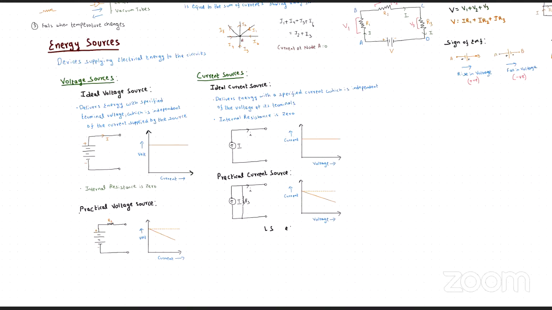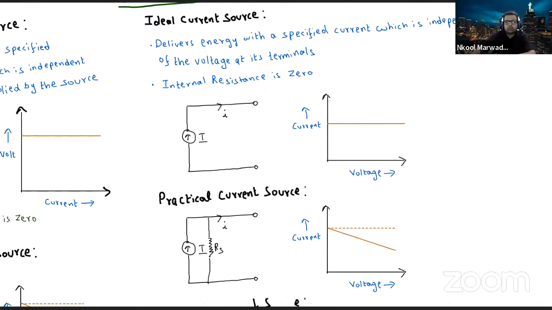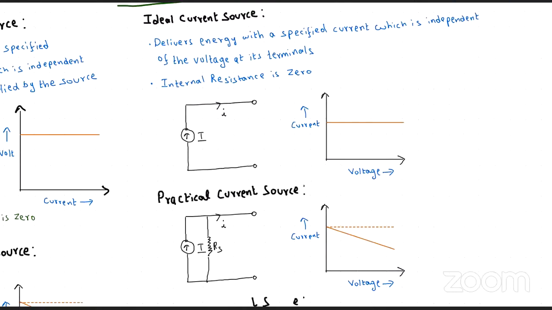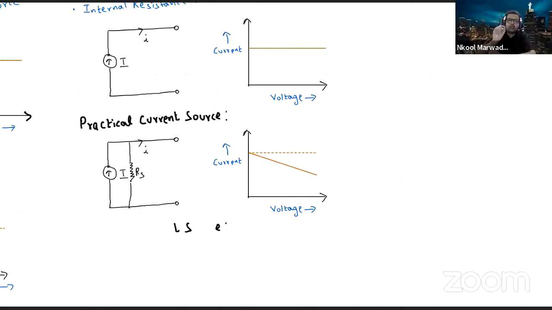Can you repeat that part alone? Okay, so in the practical current source, always remember, the internal resistance of the current source has to be in parallel with the current source.